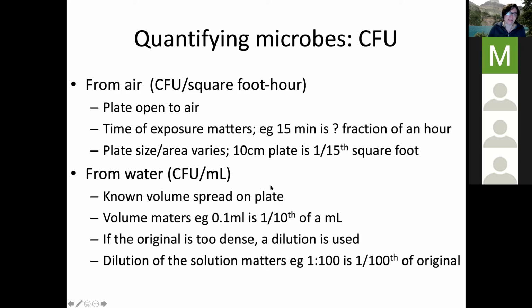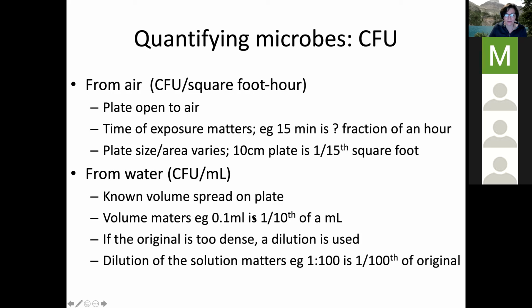Okay, so then you would know how much stuff was in a milliliter that could actually grow under these conditions. And so if 7 things grew after putting a mil on a plate, then you know it's 7 per mil. However, most sources of water have more microbes than would make that simple. You're not going to get 7. You might get 7,000 and you're never going to be able to count that. So instead we usually use a fraction of a mil.